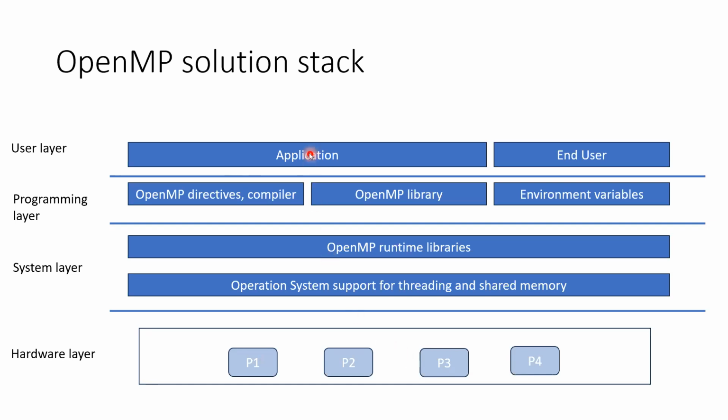So the OpenMP runtime will convert that code into low-level implementations, and the OS will take care of scheduling those threads on particular processors. Maybe the first 4 will be on P1, the second 4 on P2, and so on. The OS decides the scheduling policy, and up to some extent, we as programmers or end users have control over it through some system calls or the environments which we can provide in OpenMP.